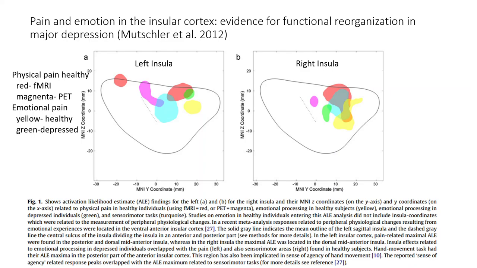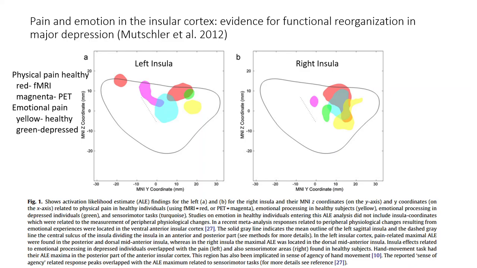The yellow areas represent when the healthy individuals are remembering something emotionally very painful. And you notice that the yellow, for the most part, is separated from the red. But when we look at the green, particularly on the left, you'll notice that there's an overlap.